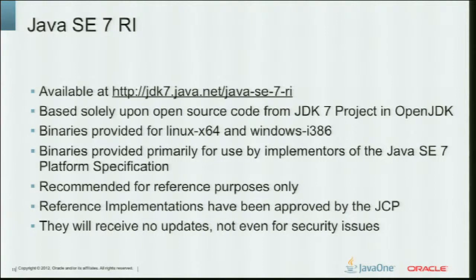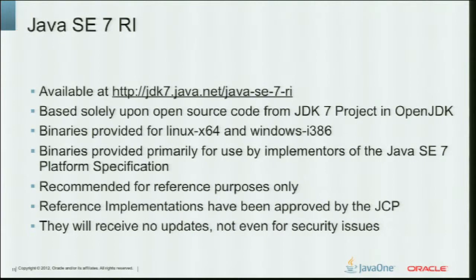But they're all checked against the reference thing. So it's a reference implementation. It's recommended for reference purposes only. It's been approved by the JCP. But being a reference implementation, it will receive no updates, in particular no security updates, right? We don't go to Paris and paint the whole thing new. It's a reference kilogram. It stays the way it is.